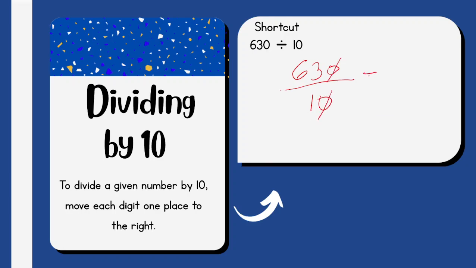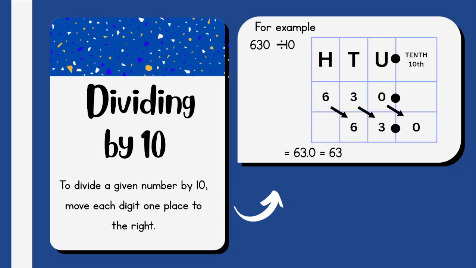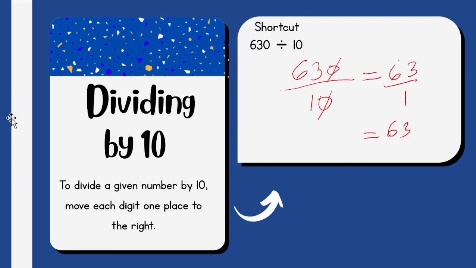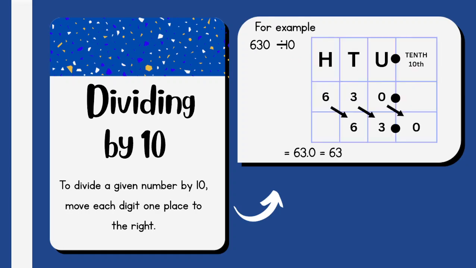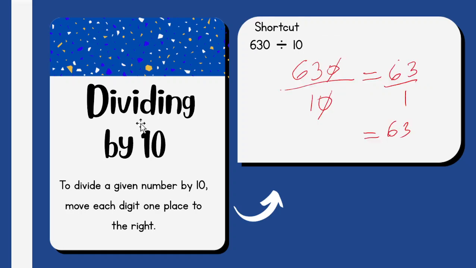That gives us 63 over 1, which is the same thing as 63, and that's what we got here. So you can either use the shortcut or use the movement of the place value to the right by one place. So that is it on dividing by 10.